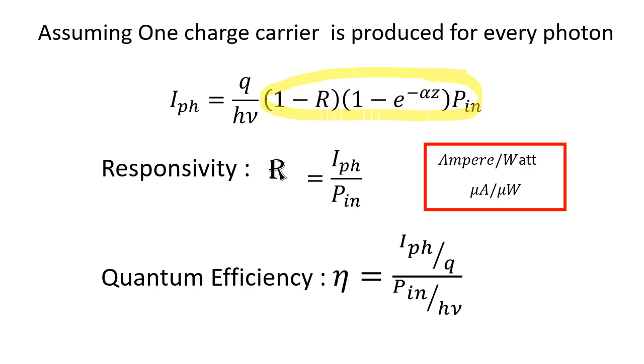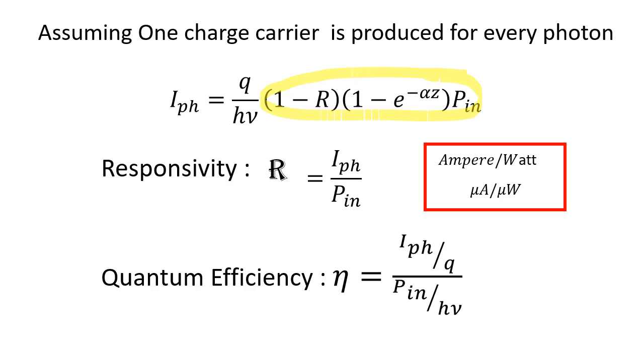You can think of energy per unit time as equivalently the energy per photon times the number of photons per unit time, right? So what I've done is to divide this by h nu, which will give me P in by h nu, the number of photons per unit time.